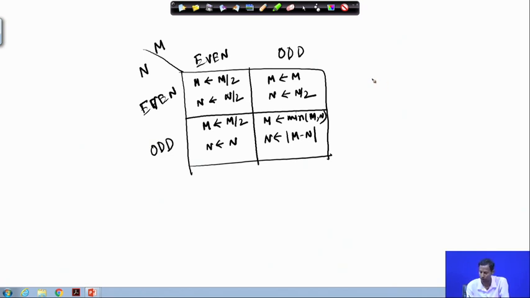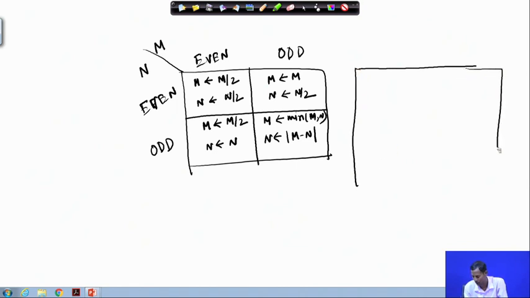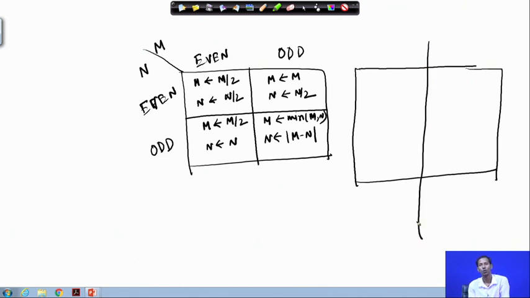I need to know what the signals are, or how do I define that the m and n value is even or odd?